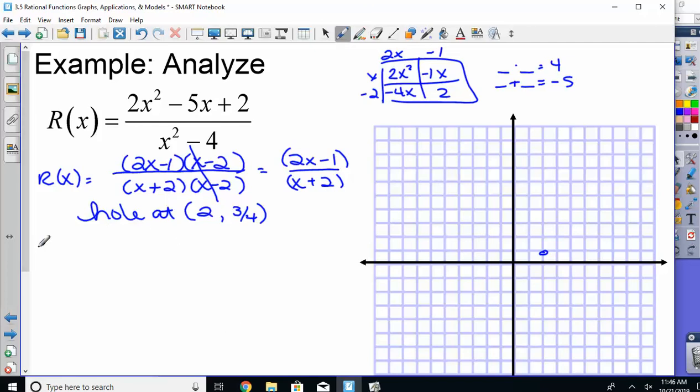Okay, now we move on with everything else. So our x-intercepts, you can go with your reduced one. Set this equal to 0. So multiply over your x plus 2. Add 1 divided by 2. We get 1/2.